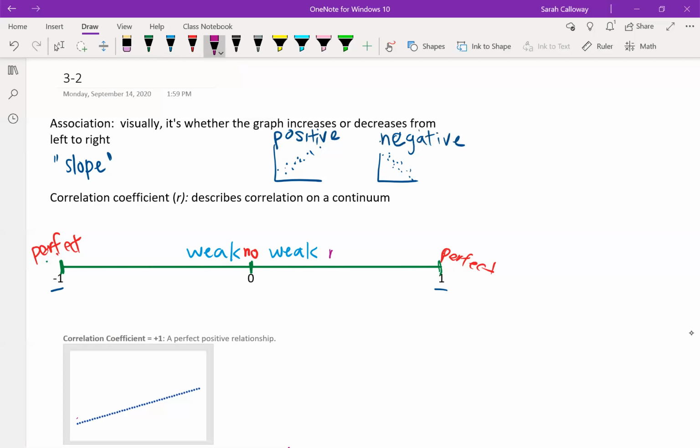So then we would have some moderate values in the middle there. And then finally, we have strong correlations as we get closer to 1 or -1.